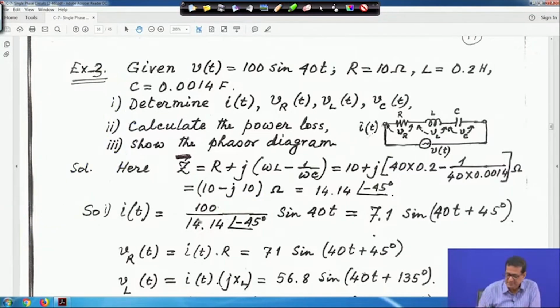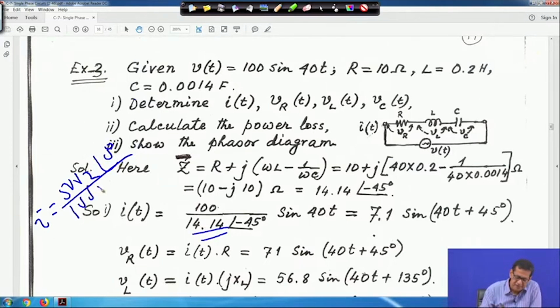That means when you write in the phasor term, I will be equal to 50 root 2, sin 40 t. So, sin omega t plus theta, here theta is 0. So, it will be 50 root 2 angle 0 degree, and this one 14.14 we can write 10 root 2 angle minus 45 degree.